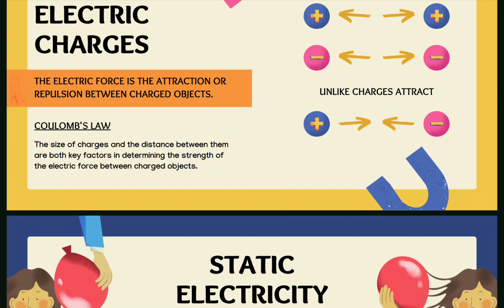The electric force is weak. And why is it weak? It is weak only and only because of these two factors mentioned by our dear Coulomb. What did Coulomb say? That the sizes of charges and the distance between them are responsible to calculate, to understand, to determine how strong the electric force is.